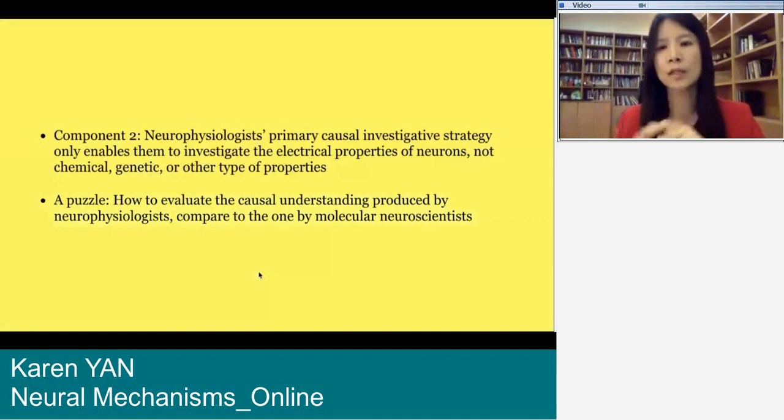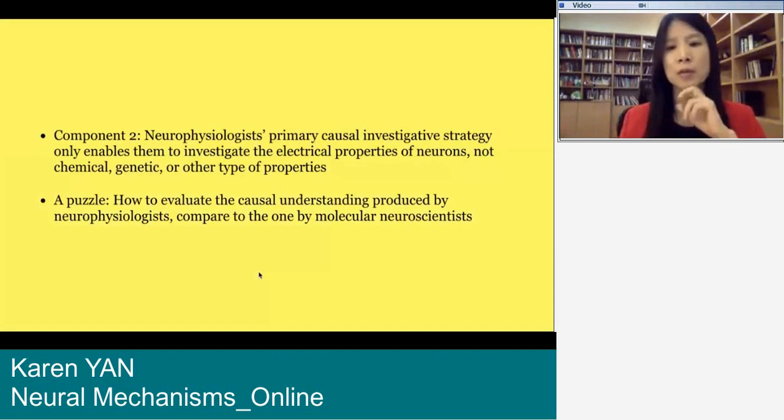So to summarize component 2, neurophysiologists' primary causal investigative strategy only enables them to investigate the electrical properties of neurons, not chemical, genetic, or other types of properties. And the puzzle here is how to evaluate this type of causal understanding compared to the one by molecular neuroscientists.